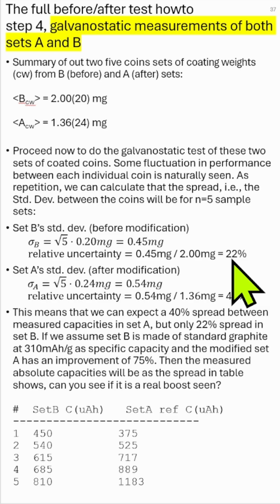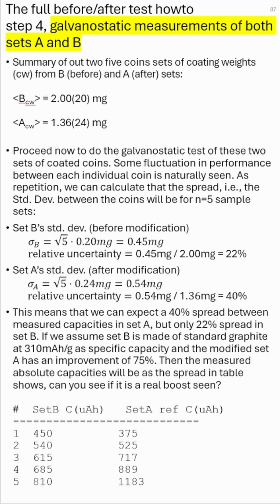We can do the same thing with the modified coin set, where we modify the electrode material. Square root of 5 times 0.24 milligram, which was the standard error, we get 0.54 milligram. We calculate the relative uncertainty, which is 0.54 milligram divided by the coating weight mean value, which was 1.36 milligram. That is 40%.